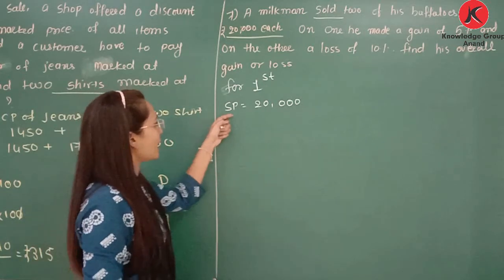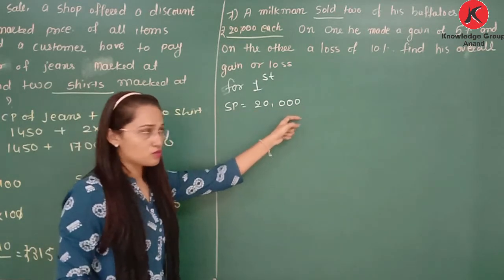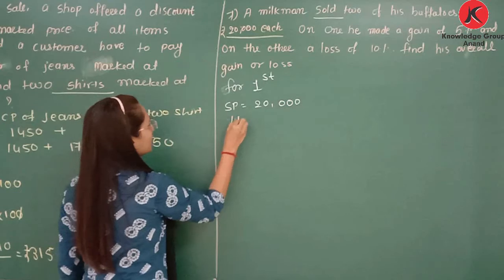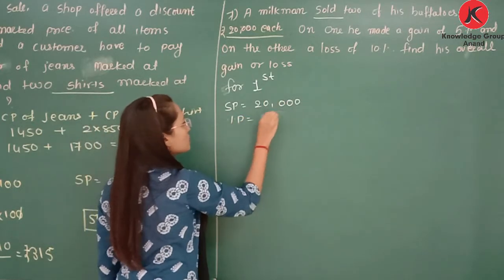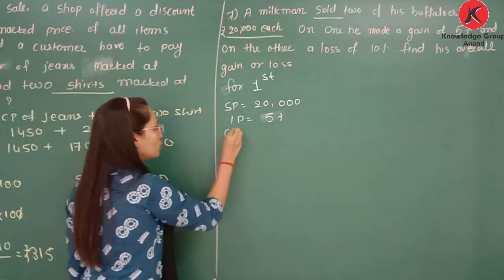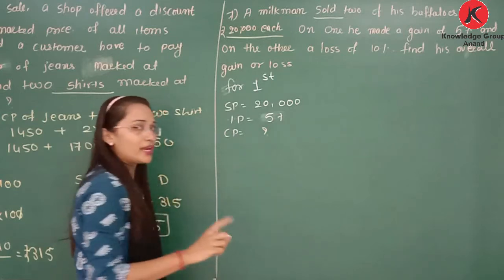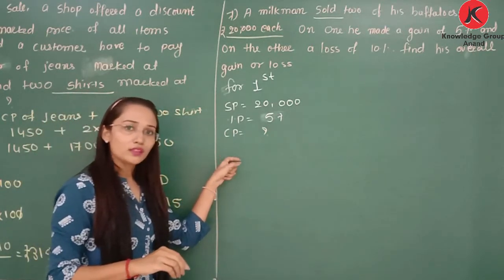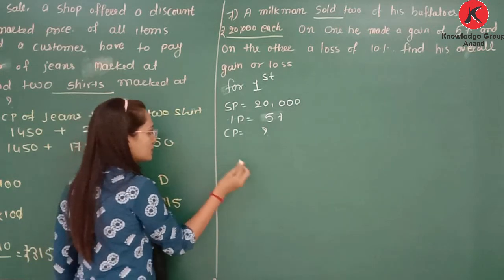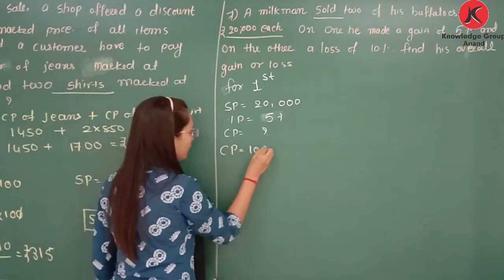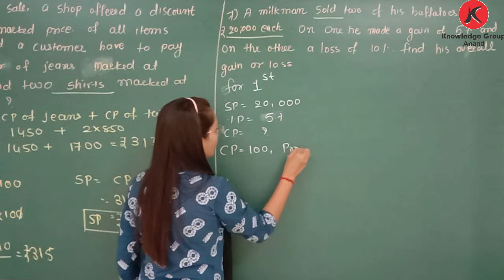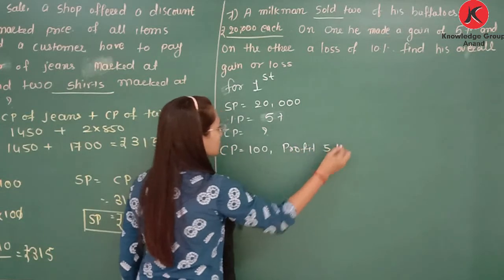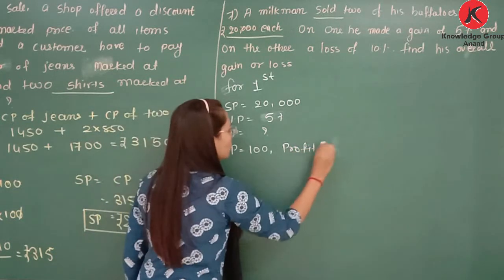Okay. So here SP of first buffalo is 20,000. On that he had a profit of 5%. Now you need to find the cost price. So whenever cost price is not given, you need to use the method of cross multiplication. So we can start: CP is 100, profit is 5 rupees.